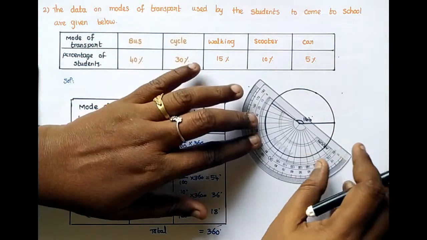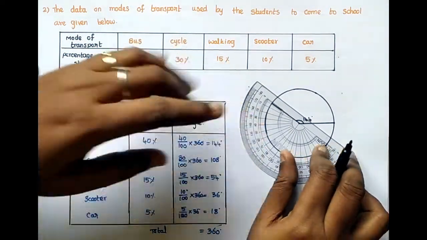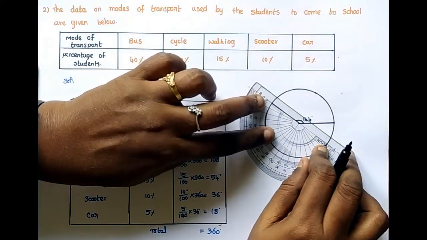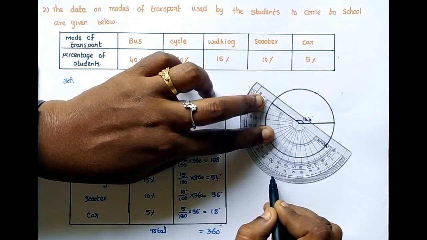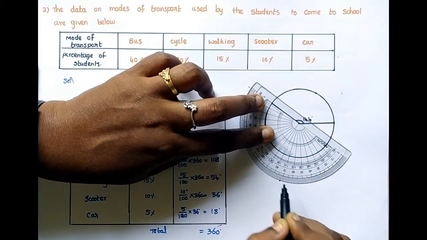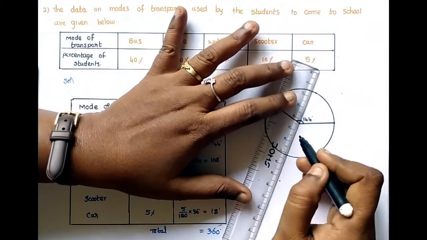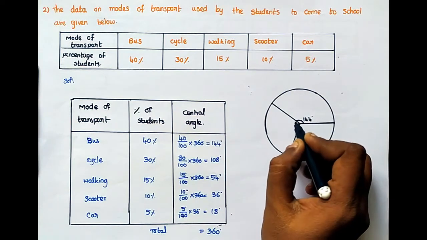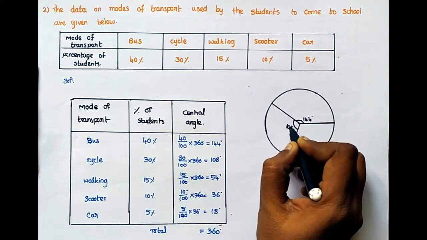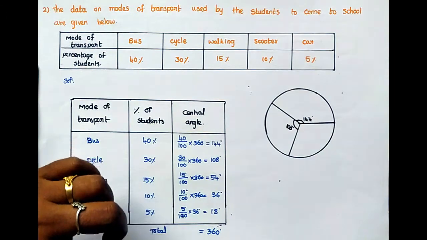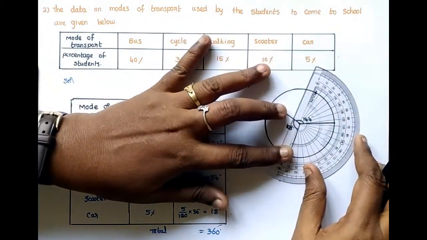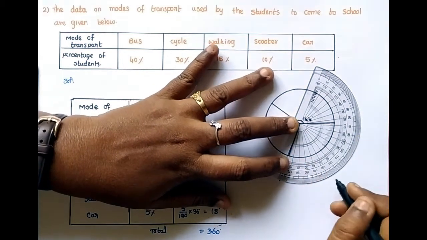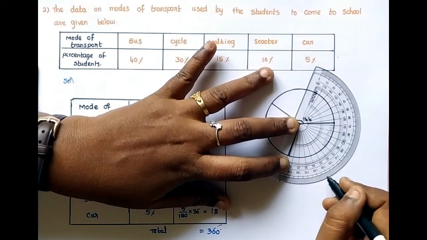From the line we have to measure how much? 108 degree. Here that is 100. 108 means here. Next 54 degree. From that we have to measure 54 degree. Here 54. 50, 54.